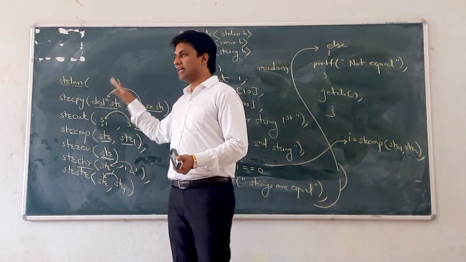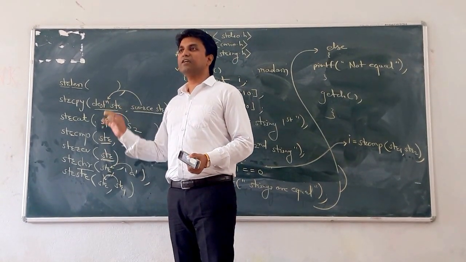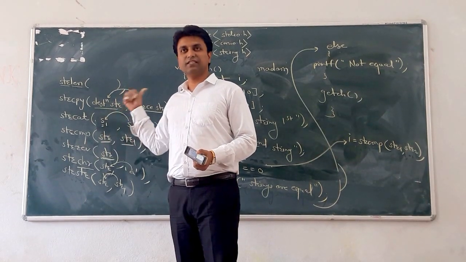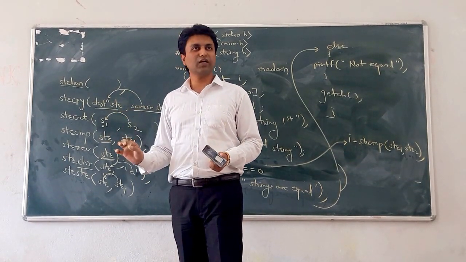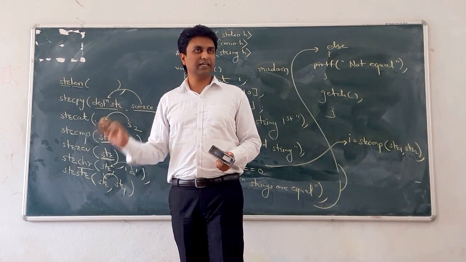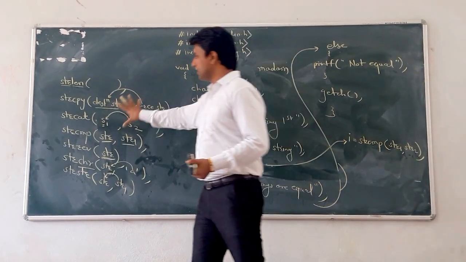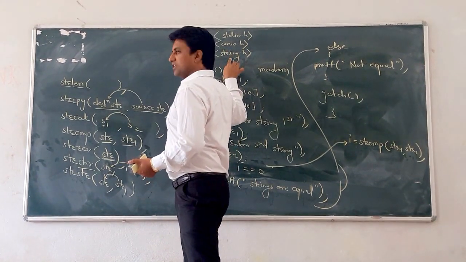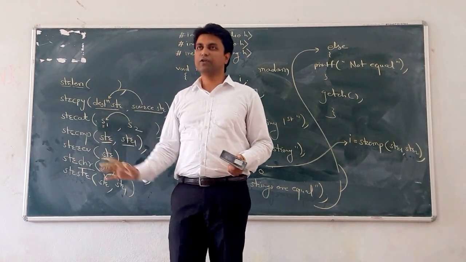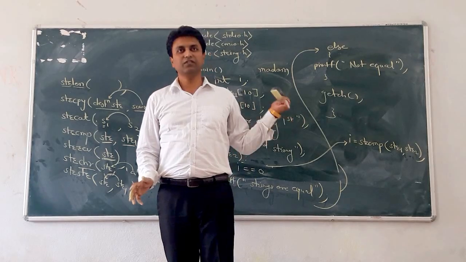So these are all about string predefined functions in C language, or they are also called built-in functions in C language. We only want to call them. Already definitions are present in the string.h header file. Okay, so today we will stop here.